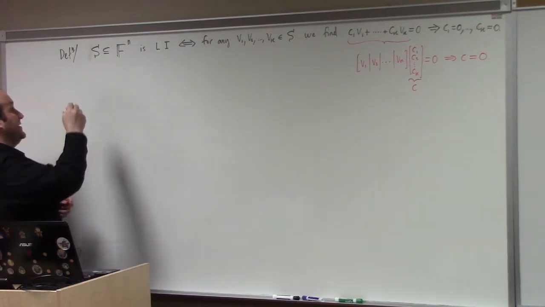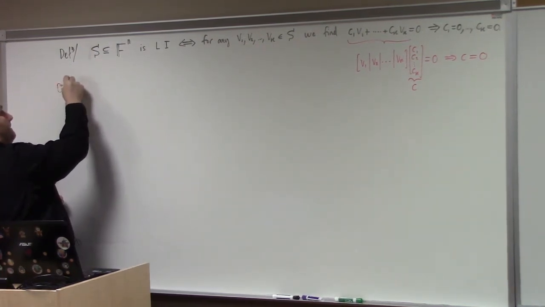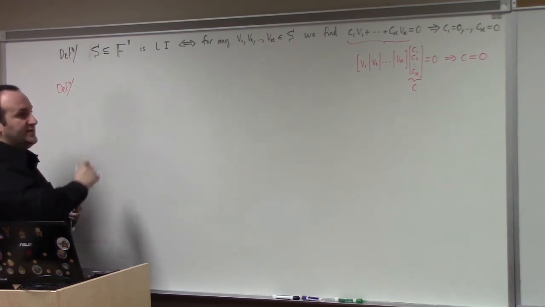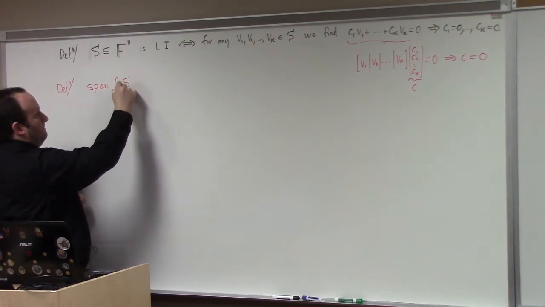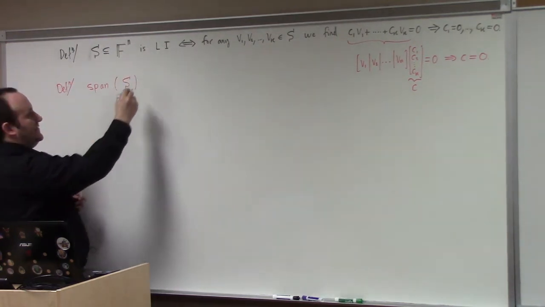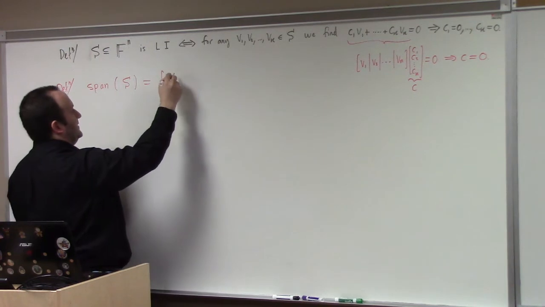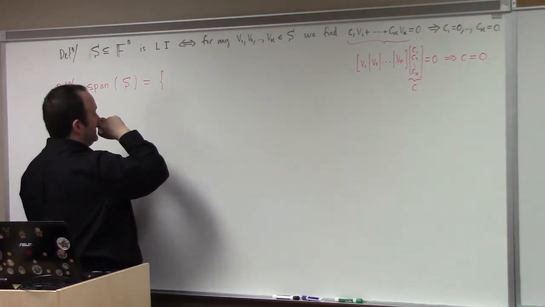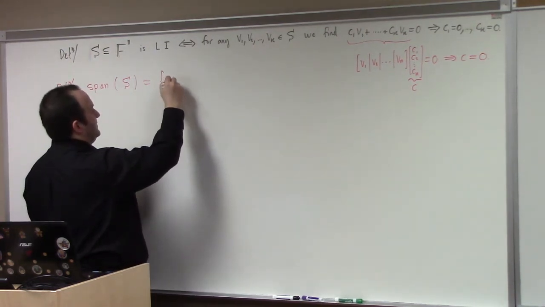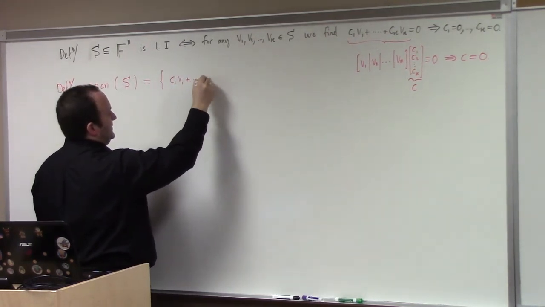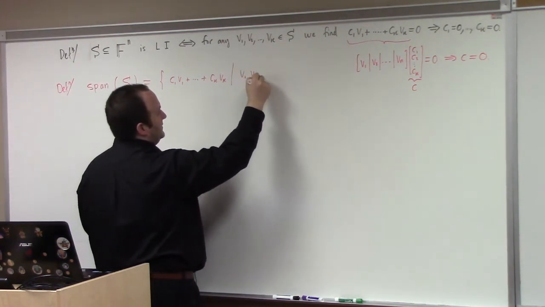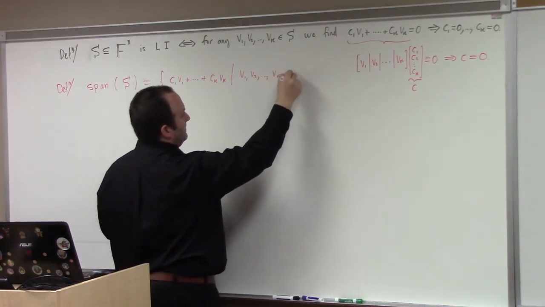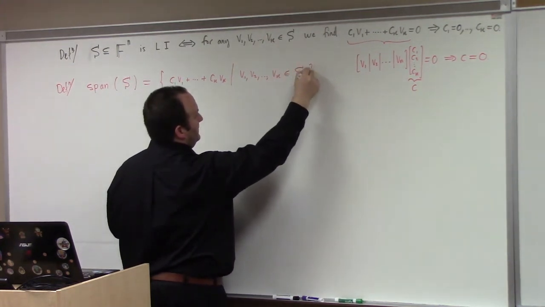The first definition I looked at was what? The span of a set would be the set of all finite linear combinations taken from S. So in particular, this would be something like c1 v1 plus ... plus ck vk, such that v1, v2, ..., vk are in S. Oh, there's something I've forgotten to say here.